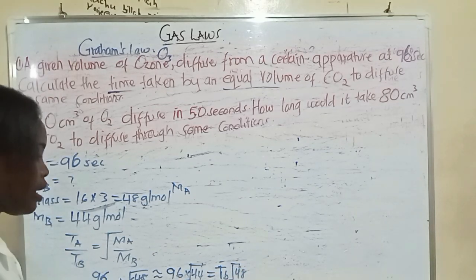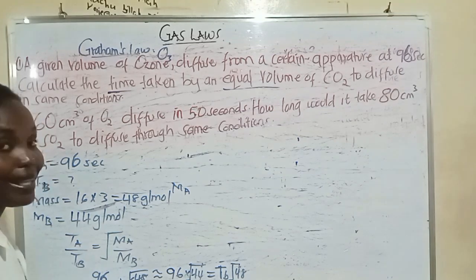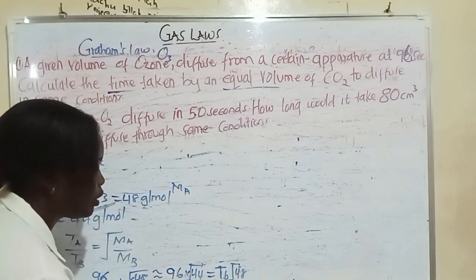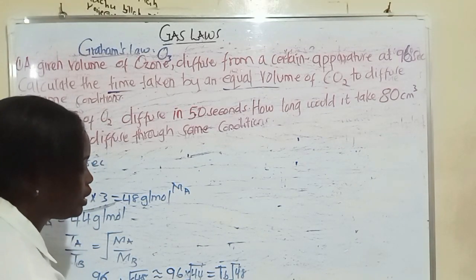Once you work this out, you're going to get TB as 91 seconds.